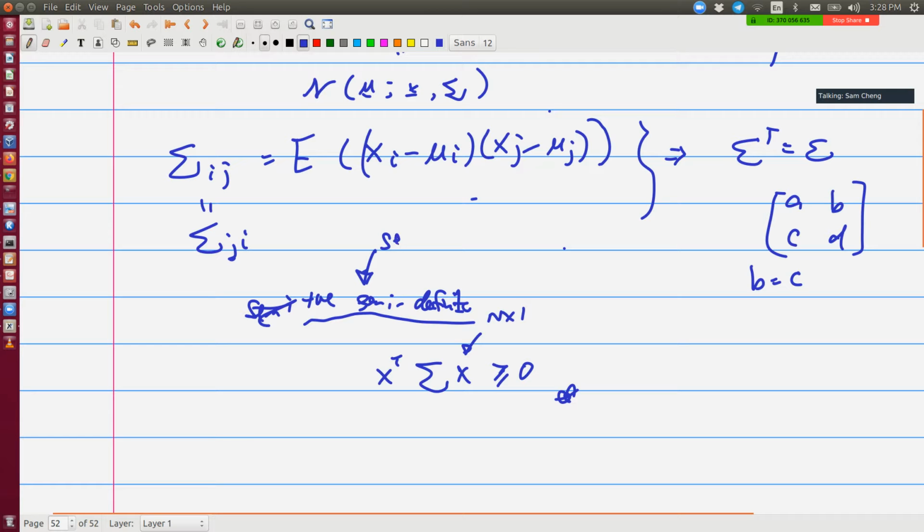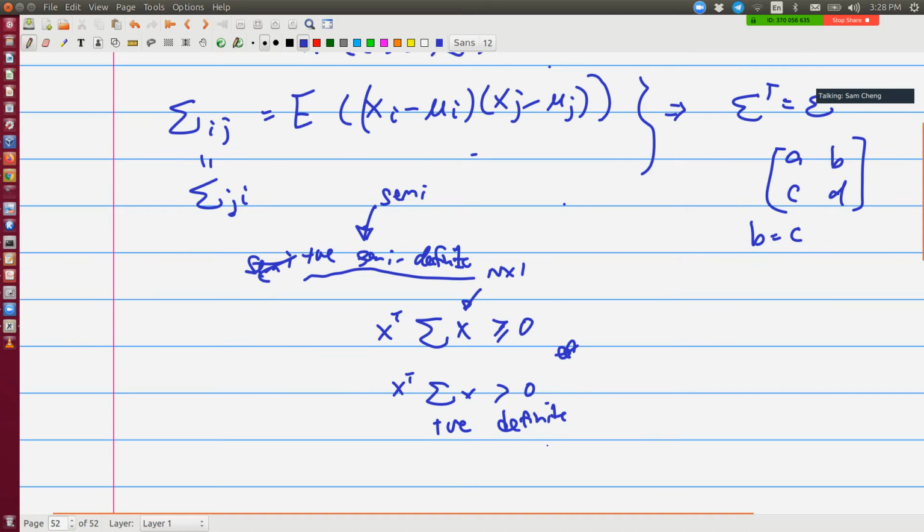If it's strictly greater than 0, then it's positive definite. Semi-definite, or semi-positive definite, I forget which way we put this.